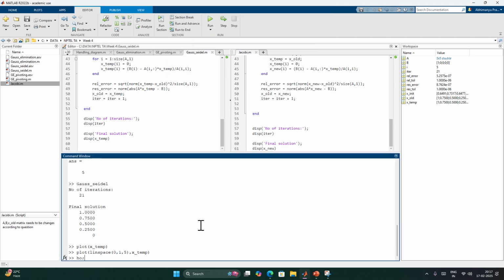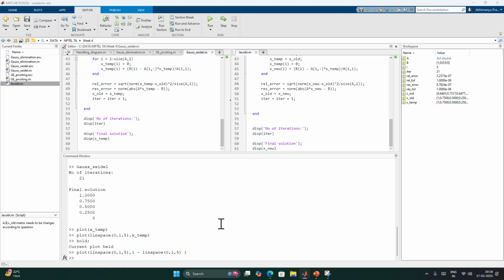If I plot the analytical solution on the same plot, my analytical solution is 1 minus this value, right?